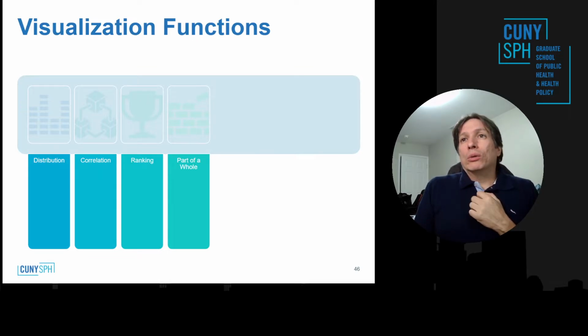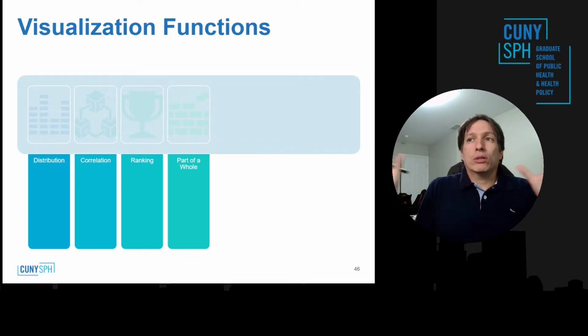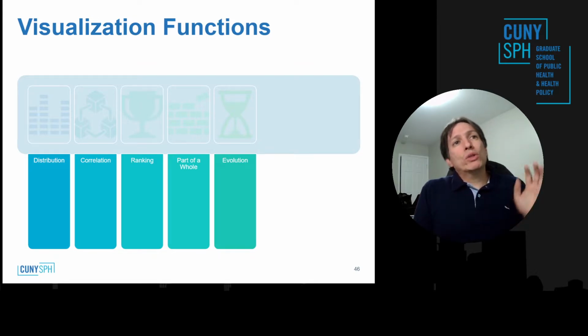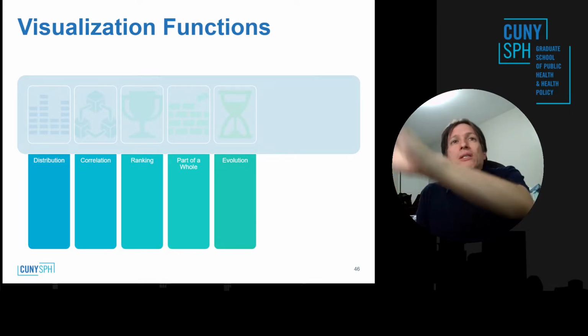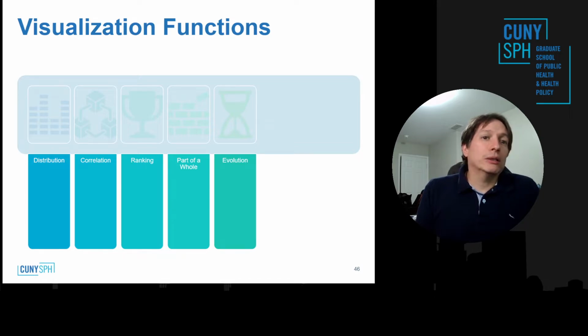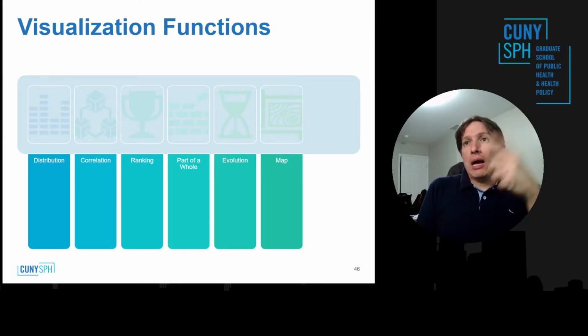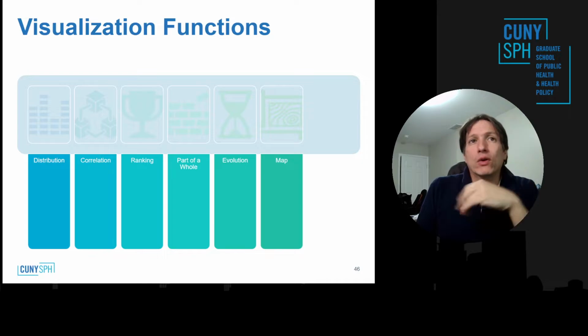We want to look at parts of a whole and how things split and how they are composed, and we have different techniques for that. We want to see how time changes the dynamic of an observation, of a series of observations, and how things evolve over time. We want to see things with a coordinate reference or a map.